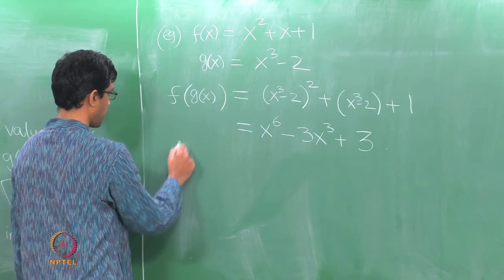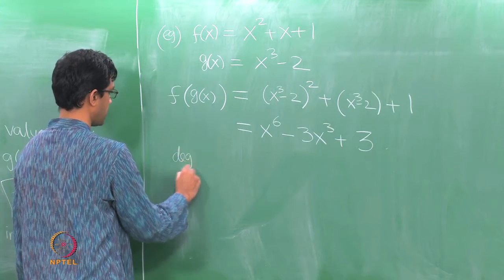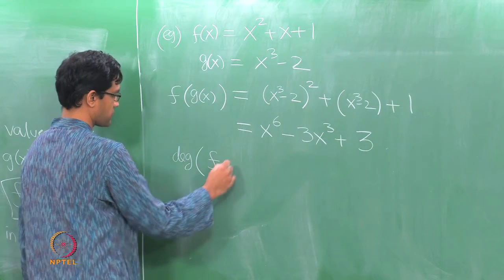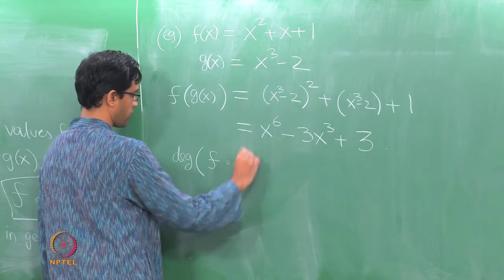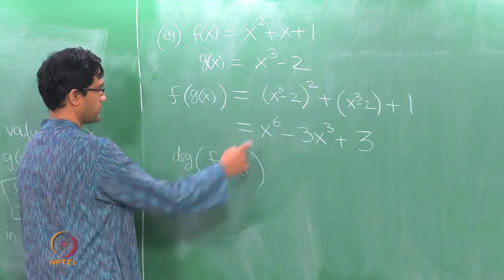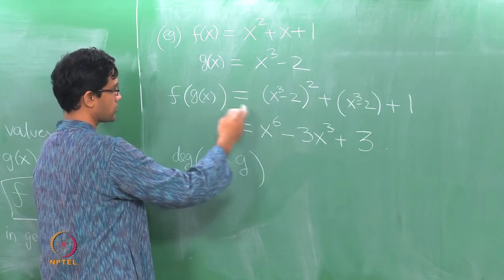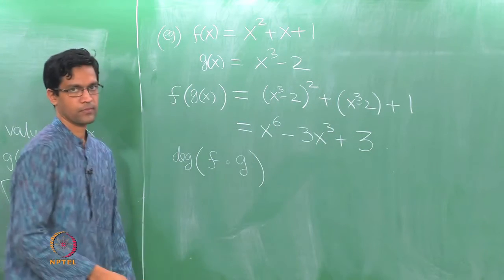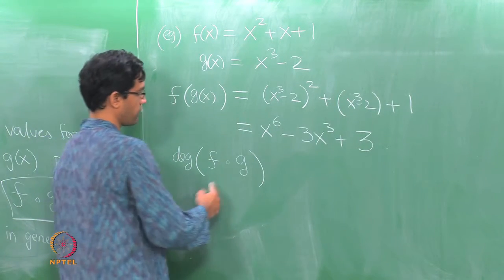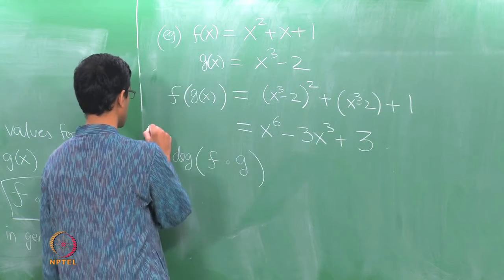Now what are the key properties of this guy? Observe that the degree of f circle g, meaning the composition of f and g: one of them was degree 2, the other was degree 3, and their composition had degree 6. Okay, and this is true in general.